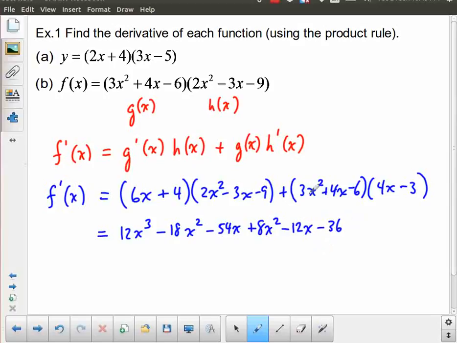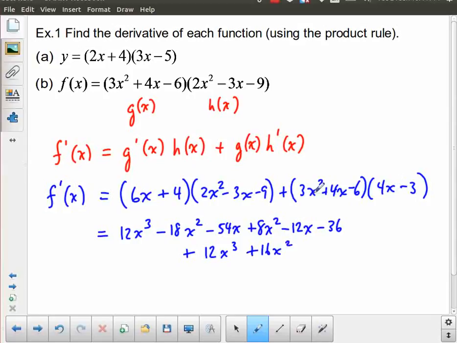Now I have to take care of this one. I'm going to have to move on to the next line to do this next one. So now I've got a positive in front times 3x squared times 4x. That's going to be plus 12x cubed. And then I've got a positive in front times 4x times 4x again. That's going to be plus 16x squared.